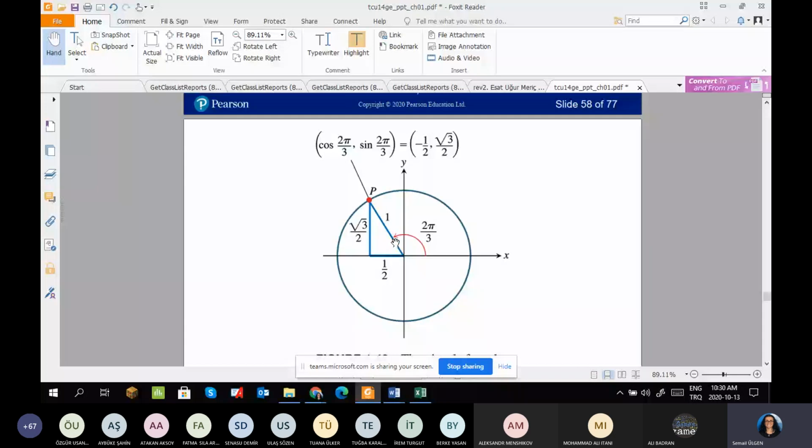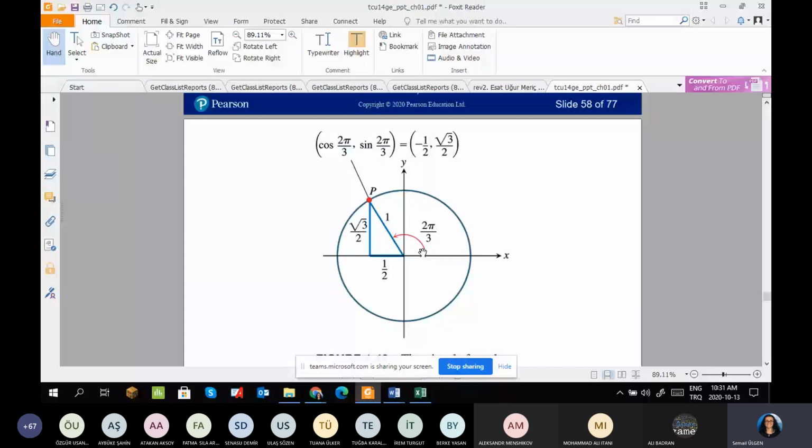And what is this angle here? Pi over 3. Cosine pi over 3 is adjacent over hypotenuse, so 1 over 2 over 1. So it's going to be 1 over 2, but the sign is negative. Then sine 2 pi over 3: sine is positive here because of the ASTC rule, all students take calculus.